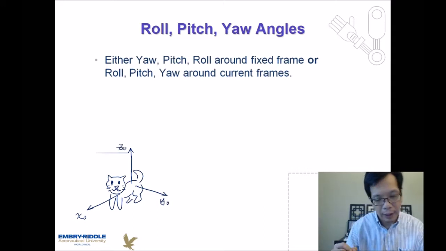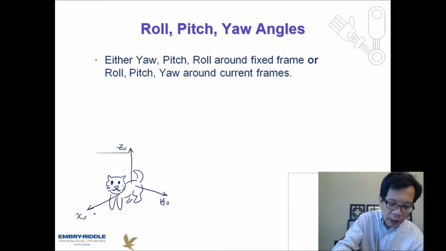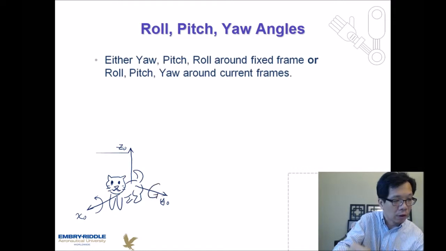Okay? Now, based on what we know earlier, the symbol over here is going to be psi. The angle over here is going to be phi. The angle over here is theta.